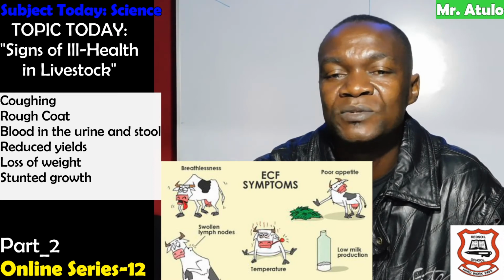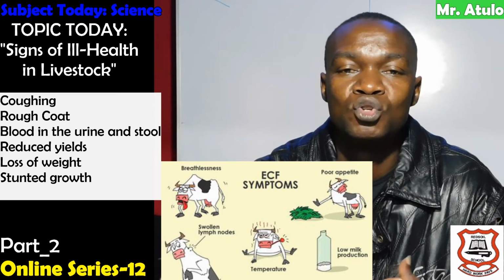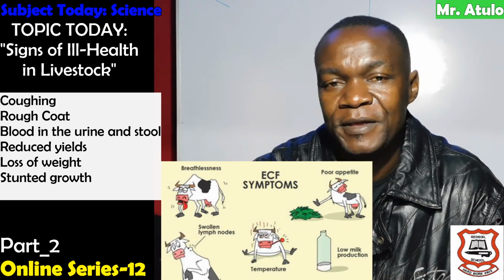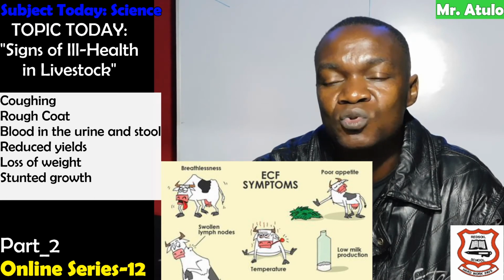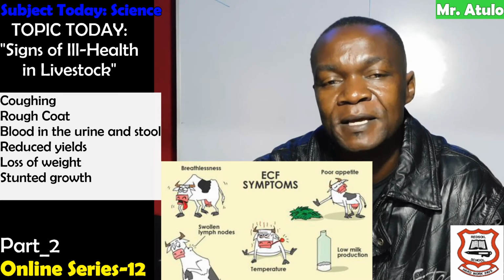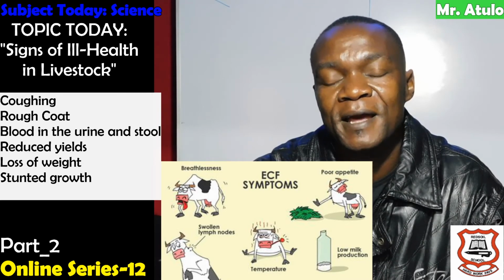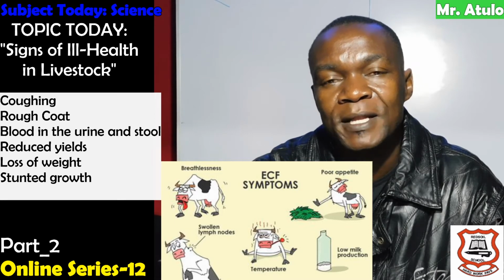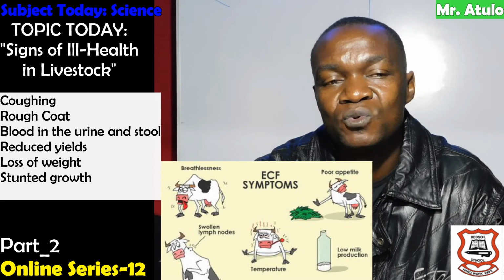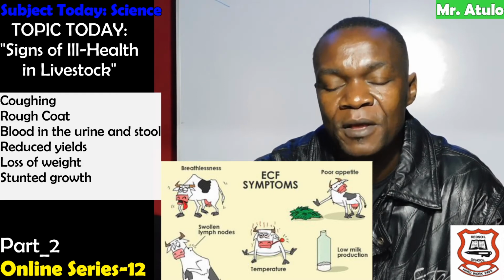Stunted growth is where an animal is not able to grow to the right size, especially the young ones. This is also an indicator of sickness in an animal. So let's go through each point one after the other and understand them fully. Coughing.